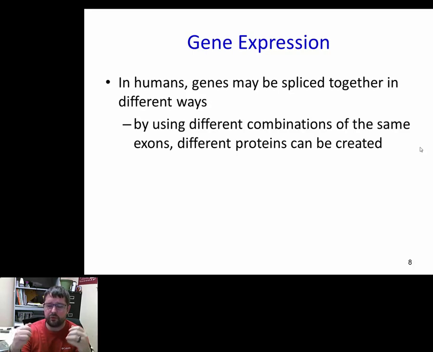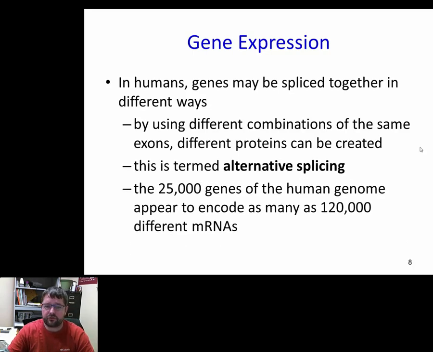And so we were expecting to find 100,000 genes, one gene per protein. But that's not what we discovered. We actually discovered that we only have 25,000 genes. Okay? And now what we found out is, due to alternative splicing, we can make about 120,000 different messenger RNAs.